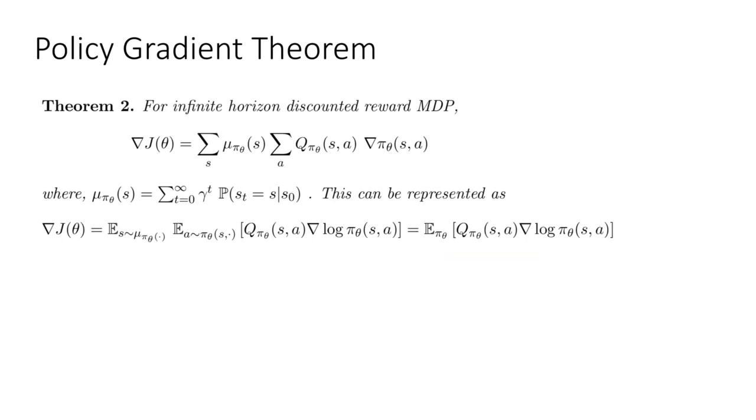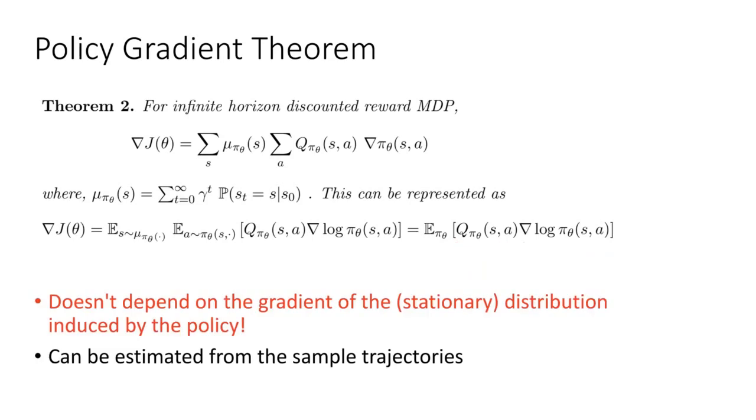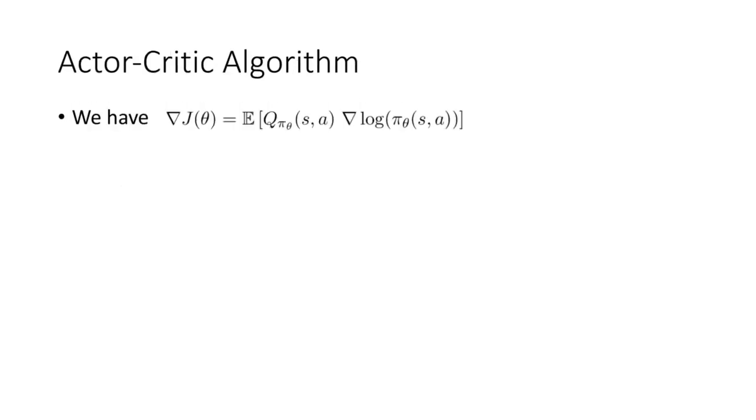But we know how to estimate q pi theta. This can be estimated from the samples. This can be done by backpropagation through your policy parameter network. So to emphasize, this theorem essentially shows that it doesn't depend on the gradient of the stationary distribution induced by the policy, and hence it can be estimated from sample trajectories.